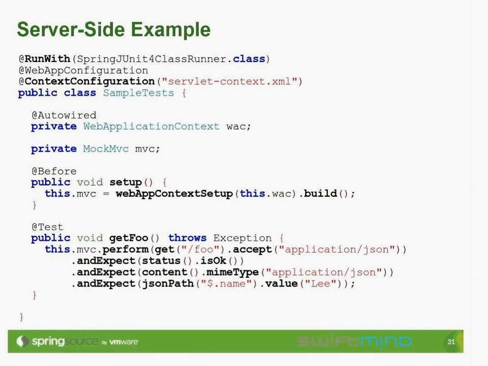And then in the actual test method, you will see that we're using this MVC instance to perform a GET request for a particular URL, /foo in this case, and then passing along an Accept header for application/json content, and then defining certain expectations on the response, including a response status of 200, a specific content type of application/json.